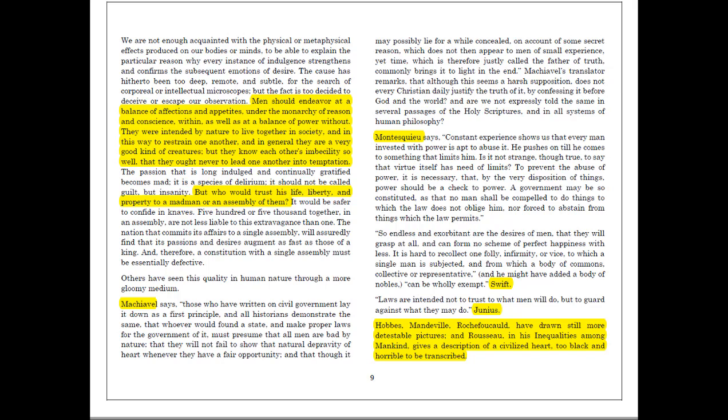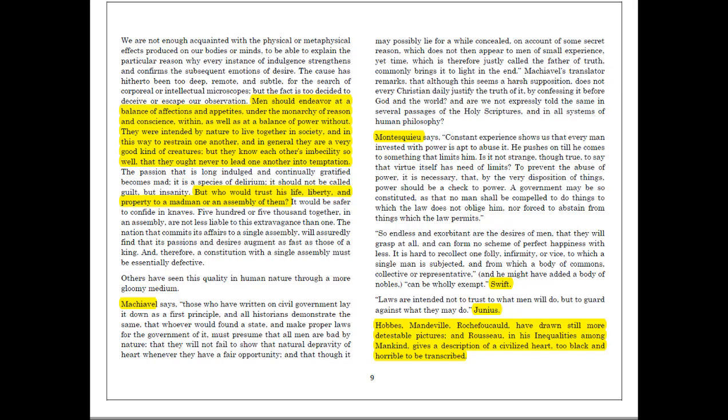Both Hobbes and Rousseau have very dark ideas about man's nature outside of society. We are, if you remember Rousseau, stupid and unimaginative animals. We lack reason. We lack morality or justice in nature outside of society.